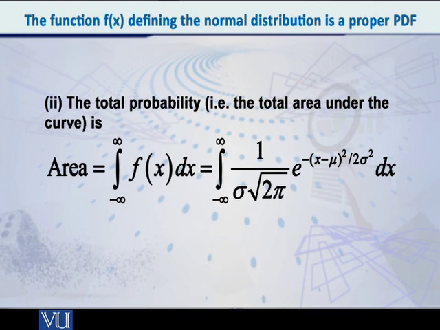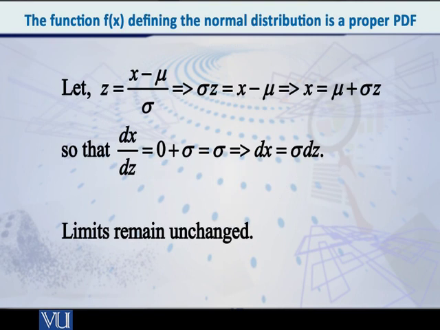Students, अब हम यहाँ पे एक transformation apply करेंगे so that our work becomes simple. Let us do that same transformation that we do when we are trying to standardize the normal distribution. And what is that? We let z be equal to x minus mu divided by sigma.